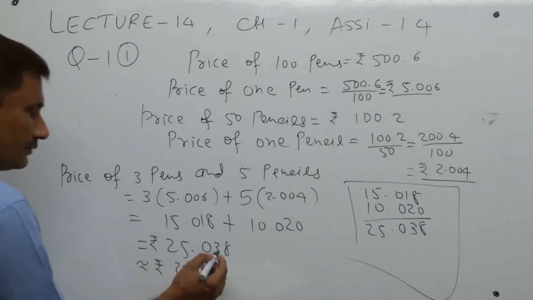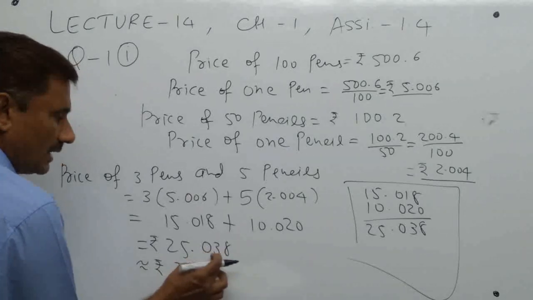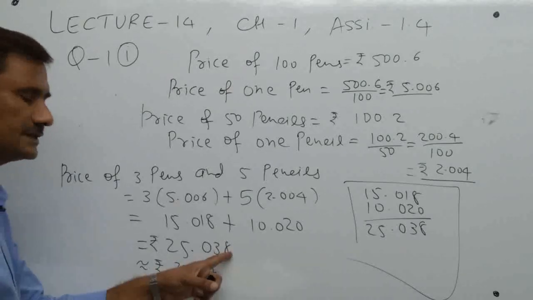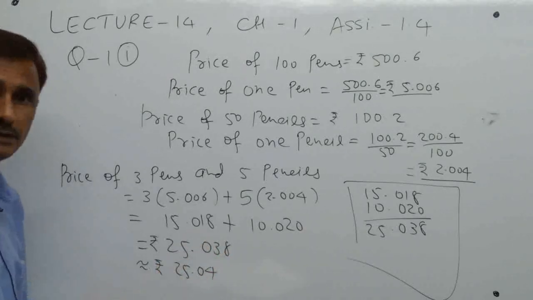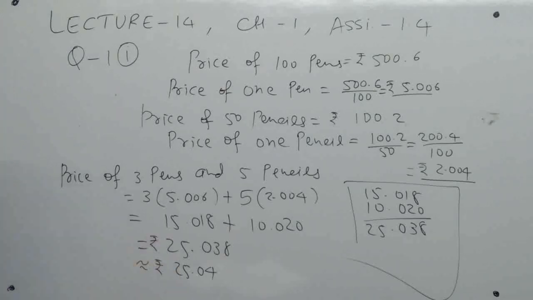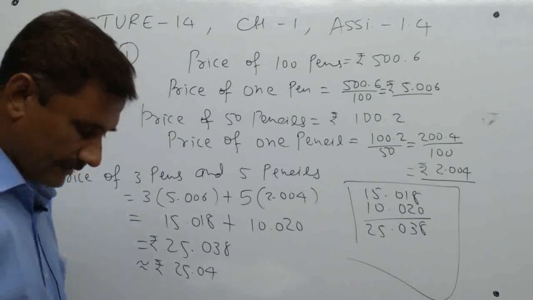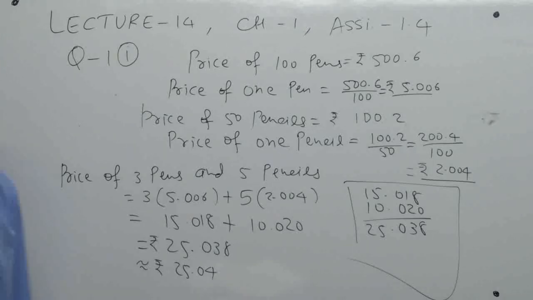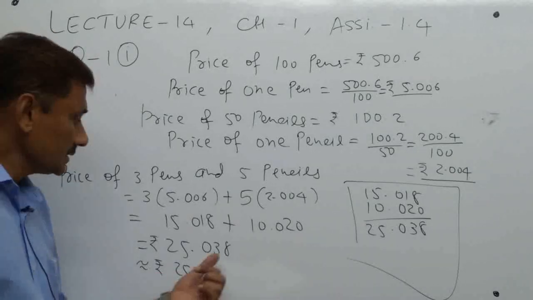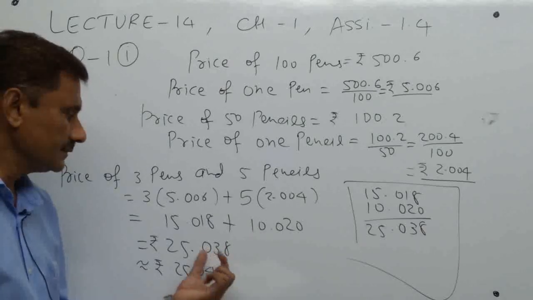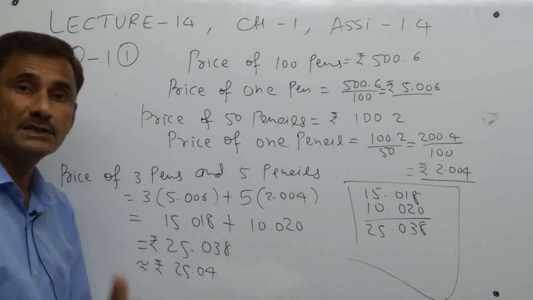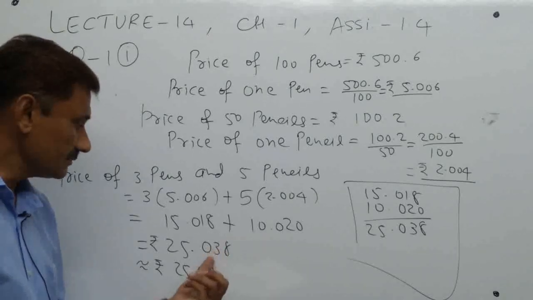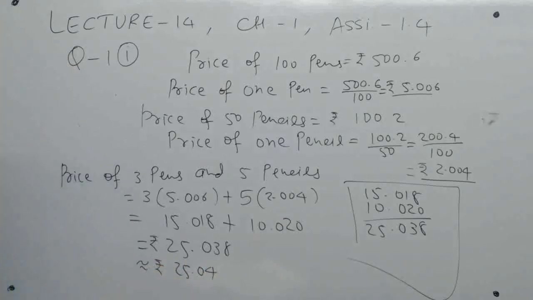Whenever you want to terminate a number after 2 digits, if the next digit which you discard is 5 or more than 5, you increase the previous digit by 1. This is the rule of rounding of numbers. We want up to 2 decimals only, and the third decimal is more than 5, so increase this one by 1. So we get 25.04. This is the final price of the given quantity.